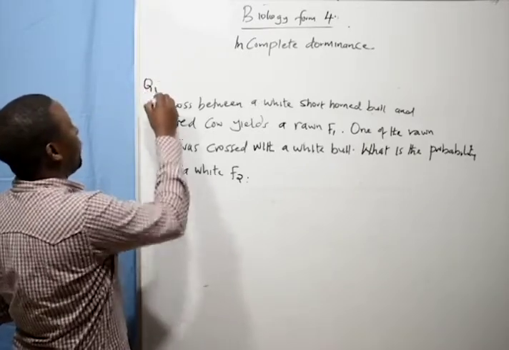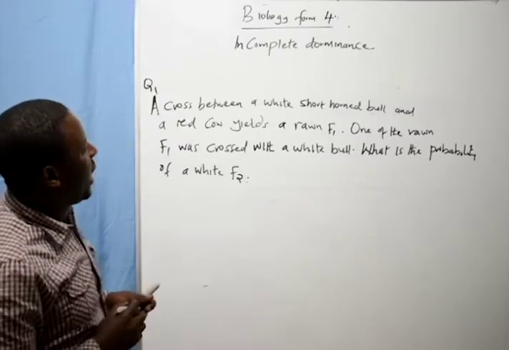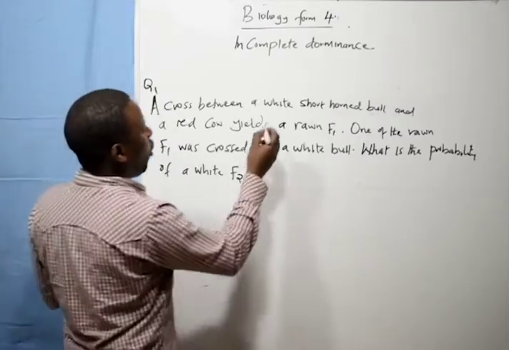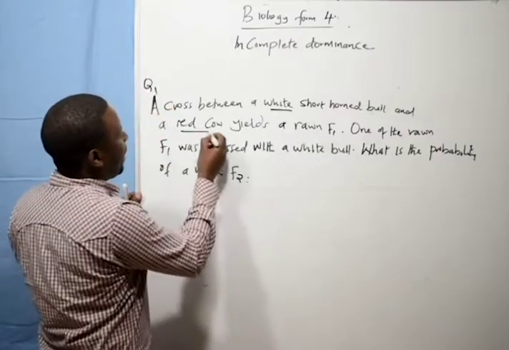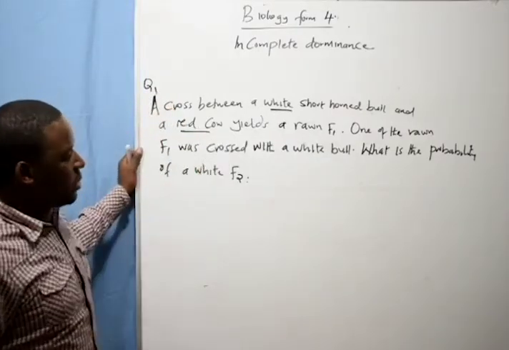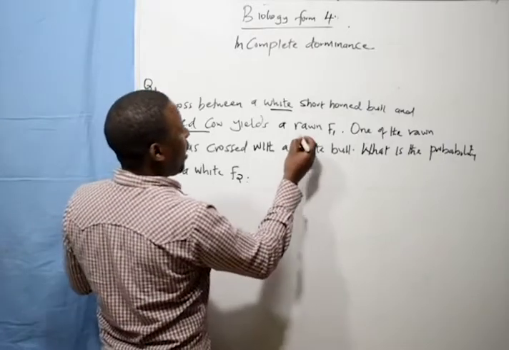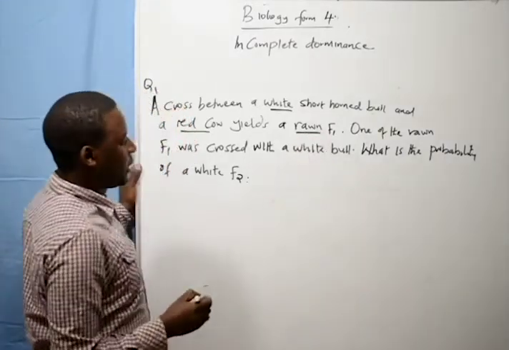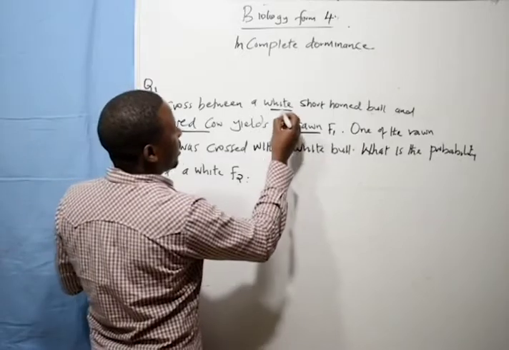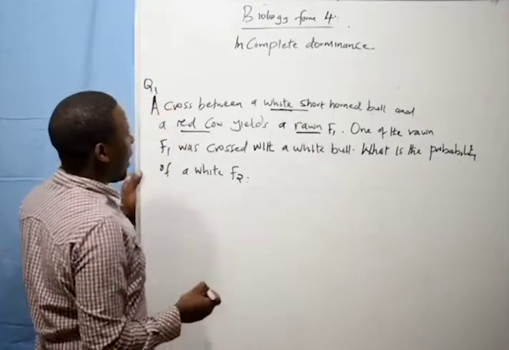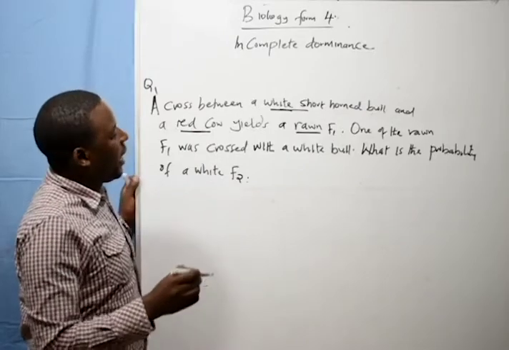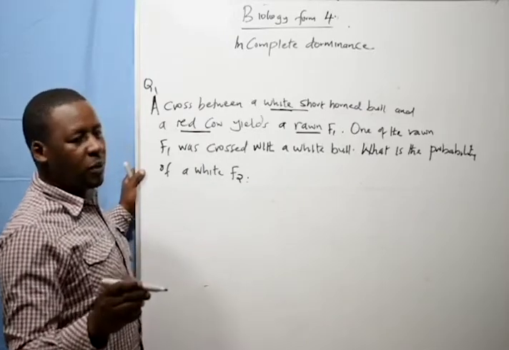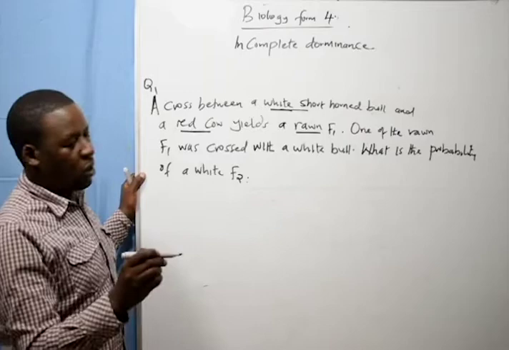The question is: a cross between a white short-horned bull and a red cow yields a roan F1. You're crossing a white bull and a red cow, and the F1, the offspring, becomes roan.